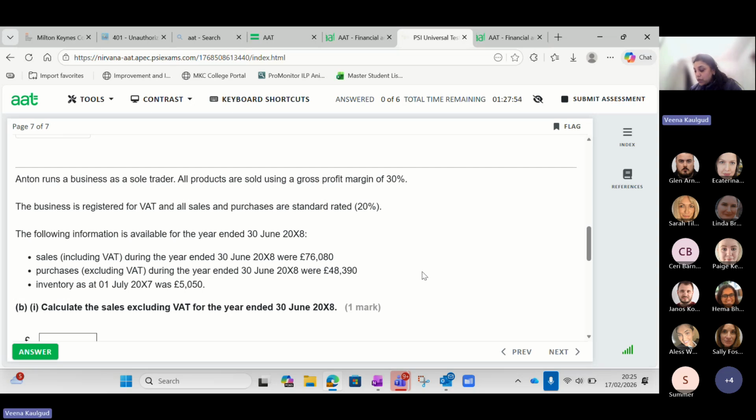They have not given us the closing inventory, guys. So you have to use the profit margin figure to find the closing inventory. Okay. So it is going to be 19,020.